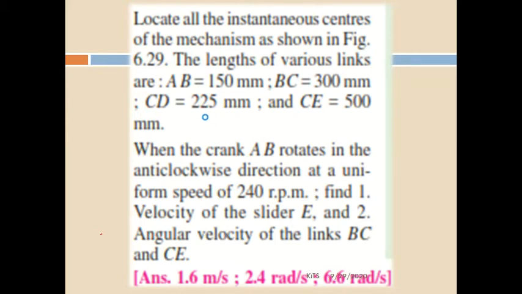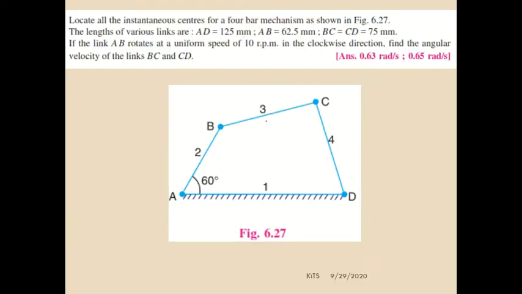Wait, it's loading. Okay, here they have given the lengths of the various links. AB length is 150 mm, BC length is 300 mm, CD length is 225 mm, and CE length is, sorry, the slide changed.